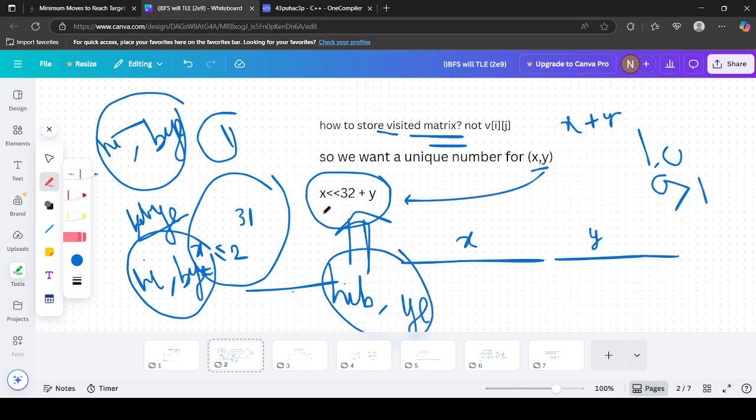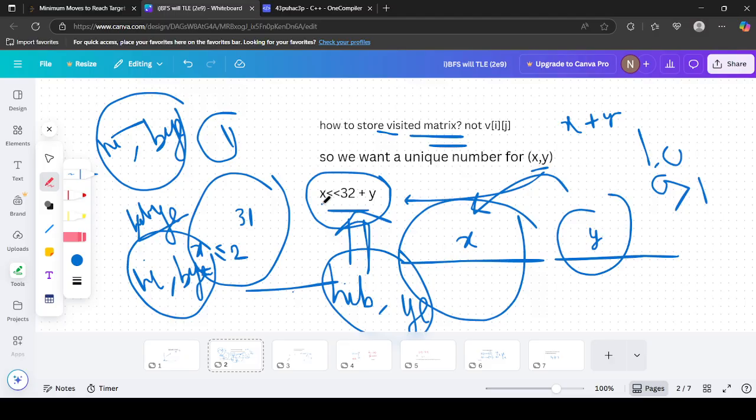So what if we try to append these in the original number? This is x and y, right? What if we shift x by 32 bits and then add y? That is x << 32, which indicates that we are multiplying x by 2 power 32, so that the whole of x is shifted by 32 and the bits 0 to 31 are all 0.